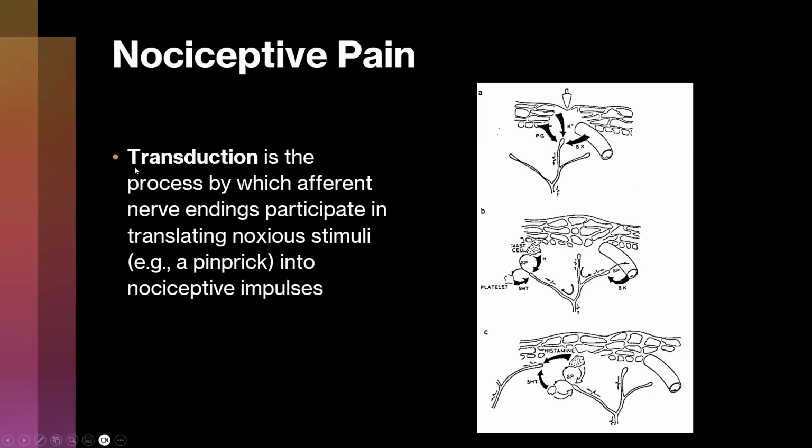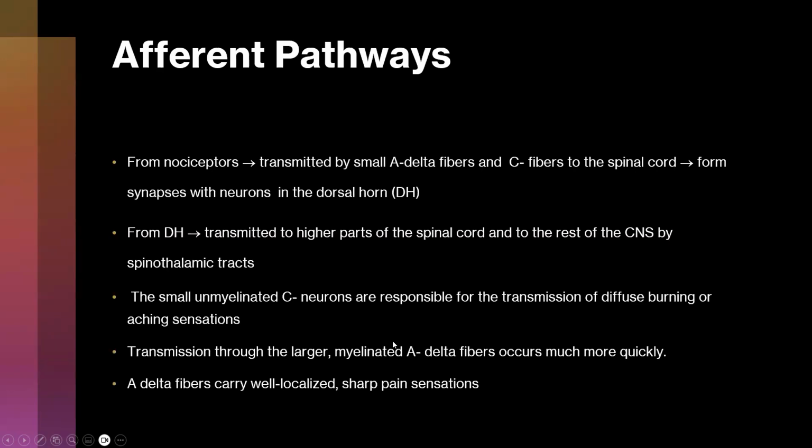We use the term transduction. Transduction is the process by which afferent nerve endings participate in translating the noxious stimuli, for example a pinprick, into nociceptive impulses. Afferent pathways: from nociceptors, pain is transmitted by small A delta fibers and C fibers to the spinal cord.